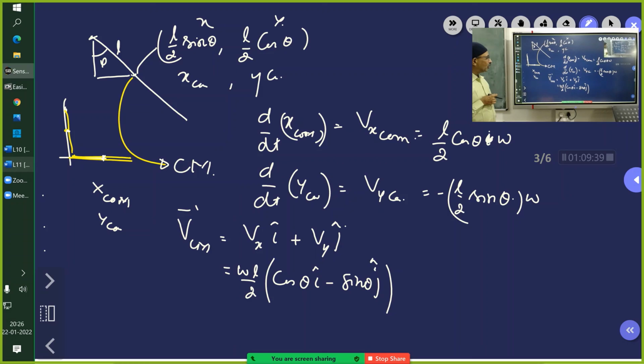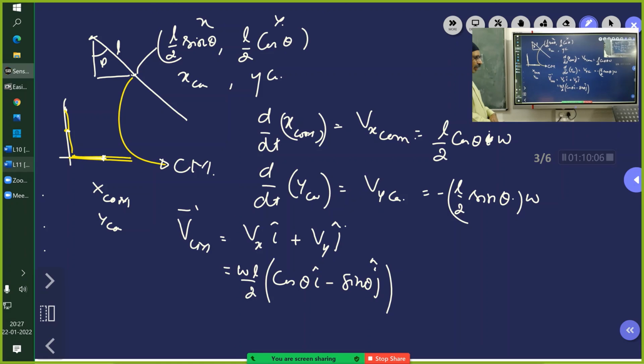Now can we find out the trajectory of this? That is the question. If you track the midpoint, the midpoint is in motion, and here it is giving an idea that omega is also coming there.